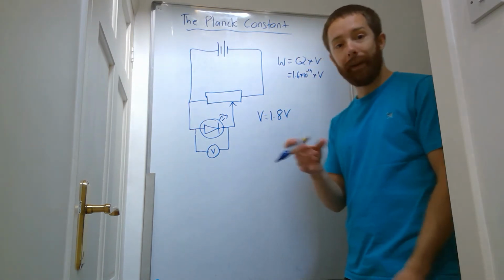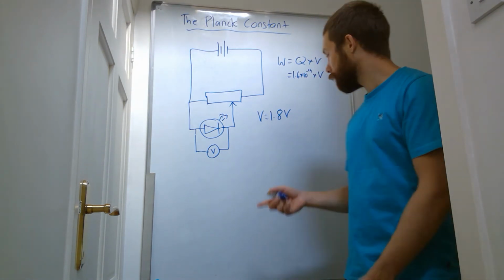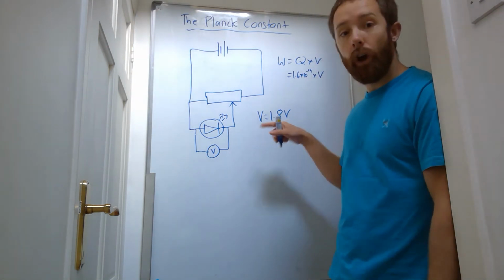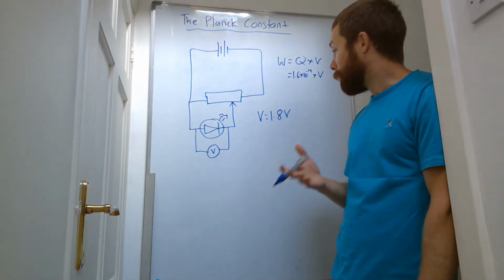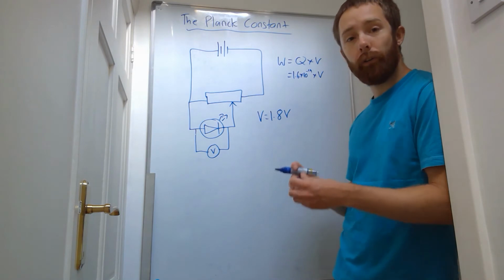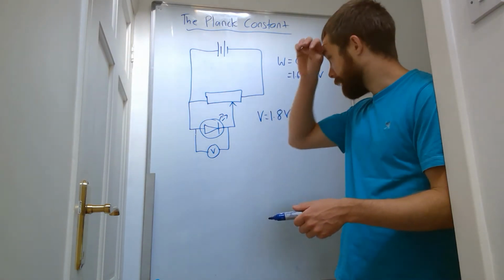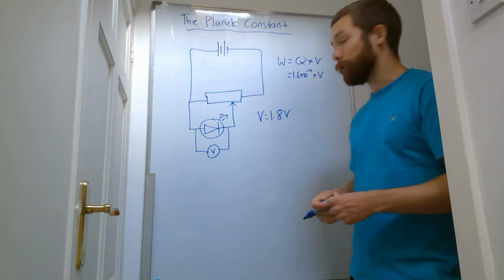So 1.8 volts of potential difference on one electron is 1.8 electron volts of energy. But we are going to be working in joules, so that we can do our calculations here to get Planck's constant in joule seconds.